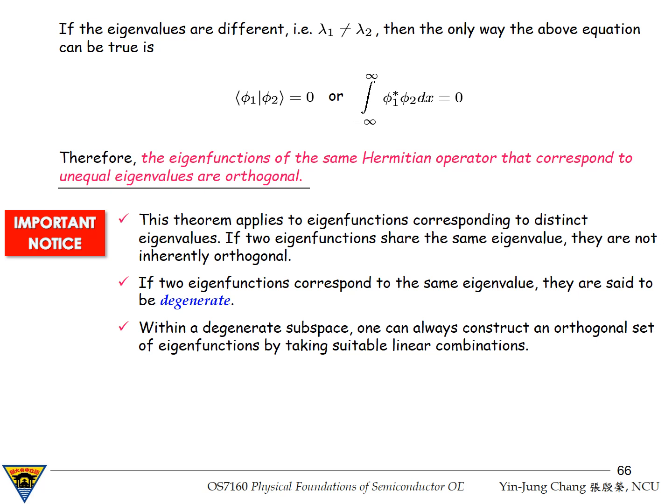In that case, orthogonality is not automatic. However, within a degenerate subspace, we can always construct an orthogonal set of eigenfunctions by taking suitable linear combinations. So orthogonality can always be arranged, even if it is not automatic from the theorem alone.